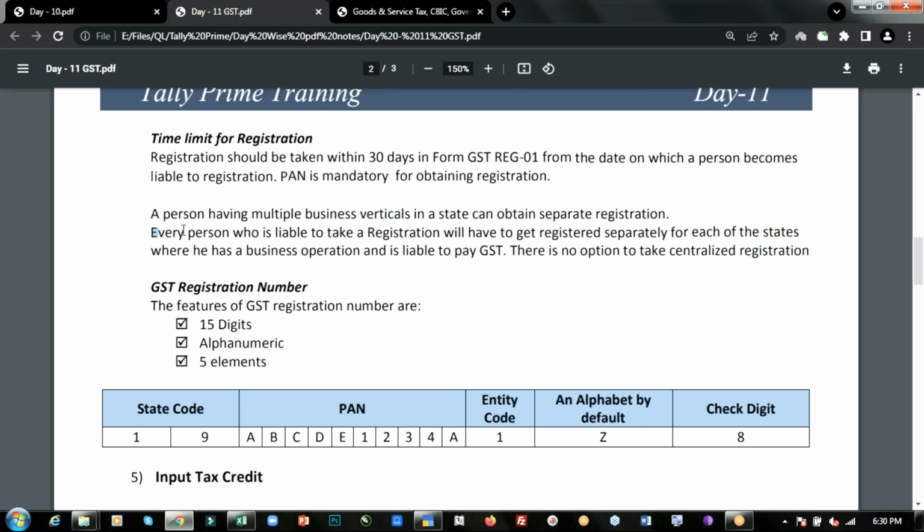Then every person who is liable to take a registration will have to get registered separately for each of the states where he has business operations and is liable to pay GST.